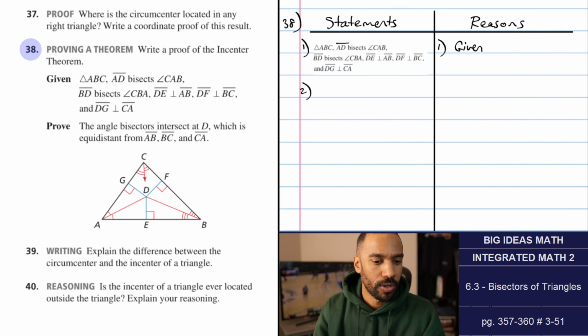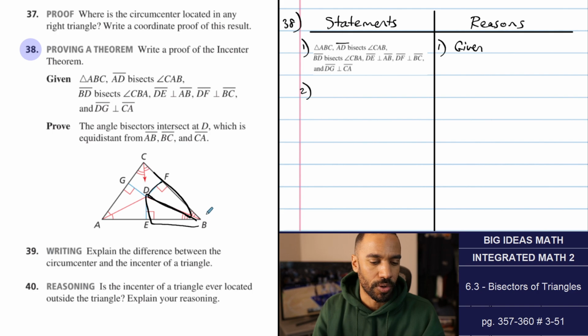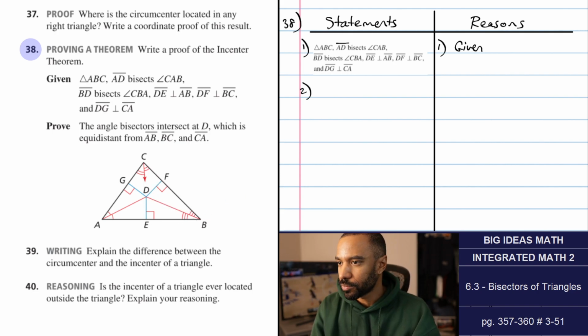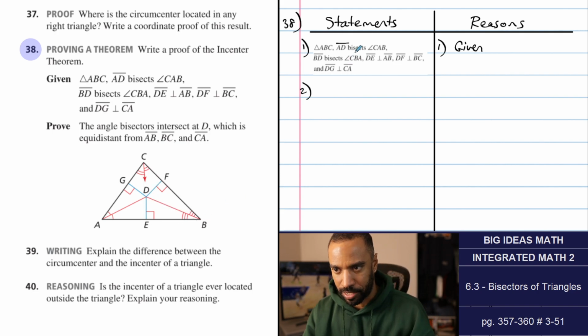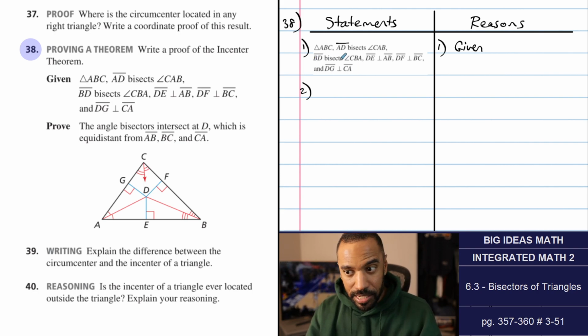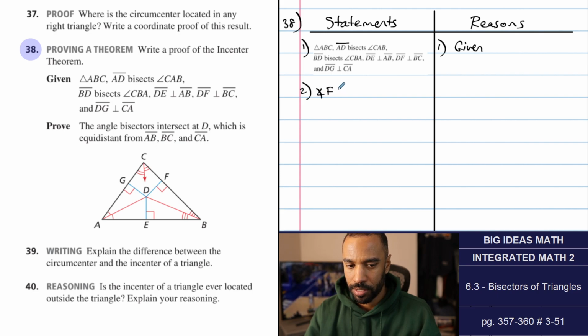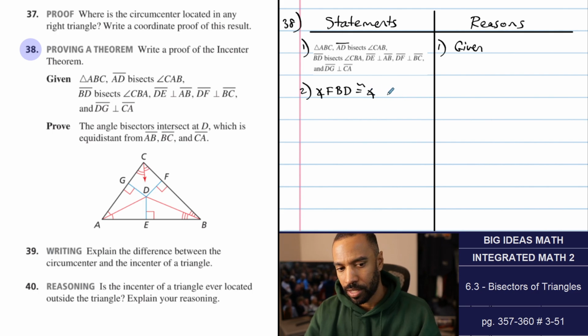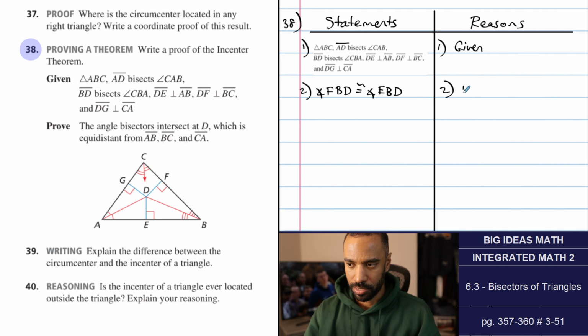So let's start by looking at these two triangles here. Let's prove them congruent. In order to do that, we have the bisectors. Okay, BD bisects angle CBA. So that means that we can say that angle FBD is congruent to angle EBD. That is the definition of angle bisector. You know what?